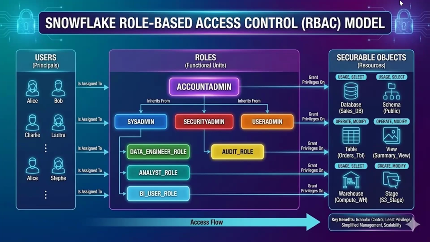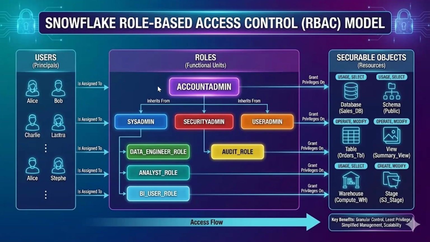If you observe here, the roles, whatever you see, are called system roles. Account admin will sit on the topmost. He is a super user. Under account admin, you will see sysadmin and then security admin, and user admin is the child role of the security admin.